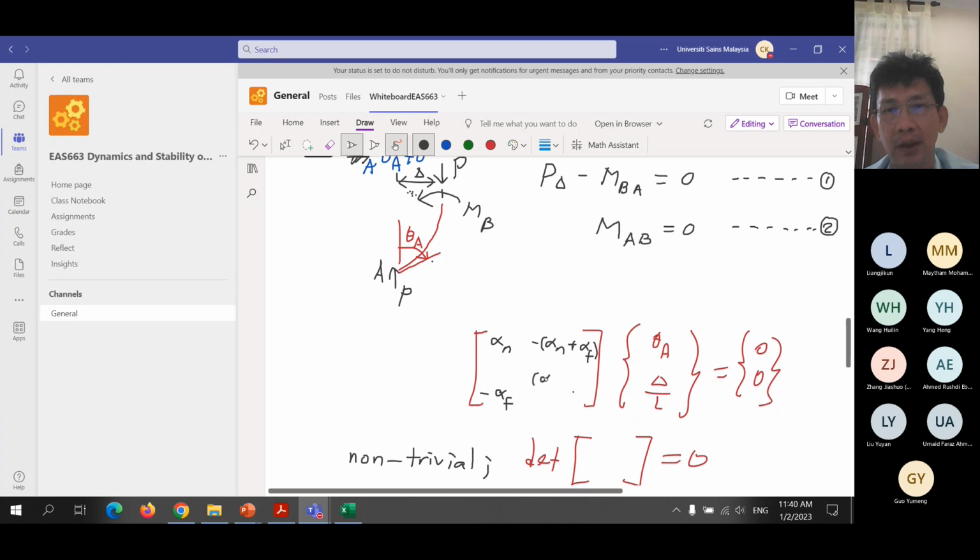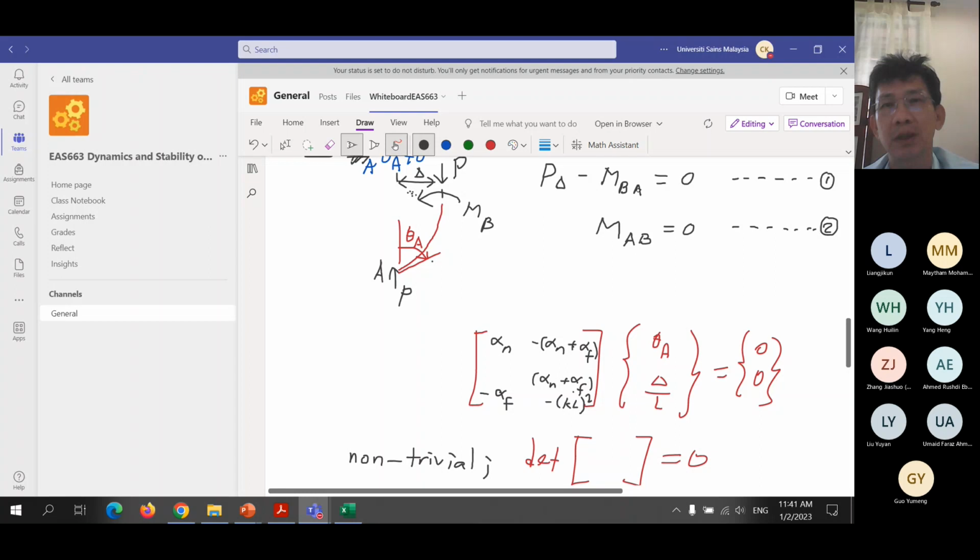This is alpha n plus alpha f minus KL. This is actually coming from these two sets of equations.